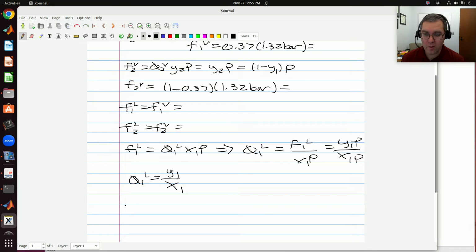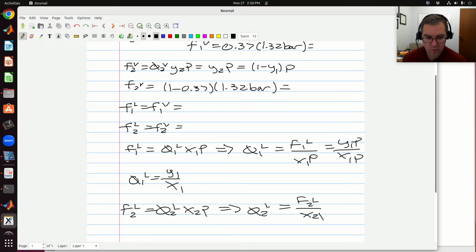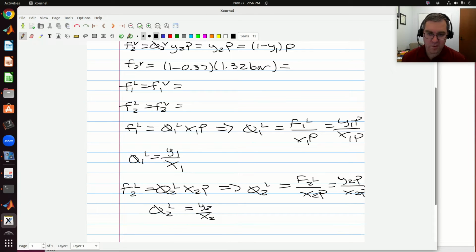Likewise, and I'm going to comment on this in a second, if you do the same thing for component 2, well, that's V2L times x2 times P. So therefore, V2L is equal to f2L divided by x2 times P, where f2L, well, that was equal to y2 times P divided by x2 times P. So I end up with V2L, P's cancel, it's just y2 over x2. Now we'll compute values here in a second, okay?